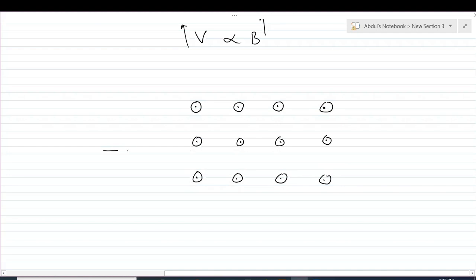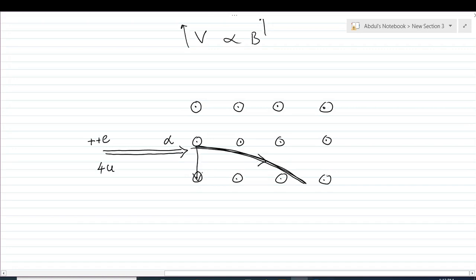And this is any charged particle, suppose an alpha particle, with double elementary charge, mass 4u. According to Fleming's left-hand rule, it is deflected downward. So the magnetic force is acting downward.